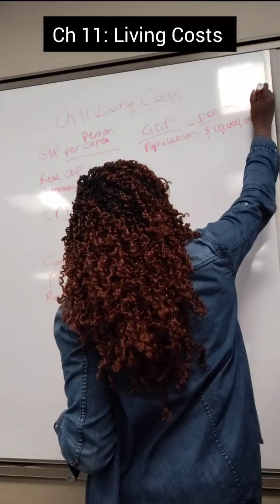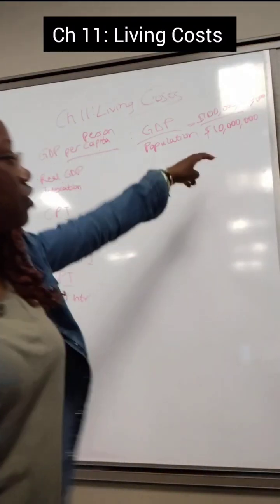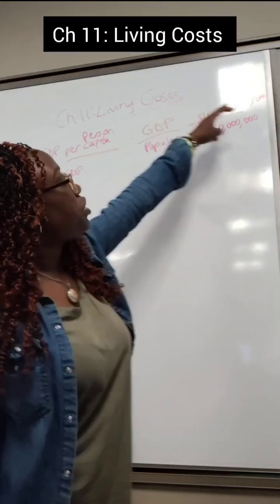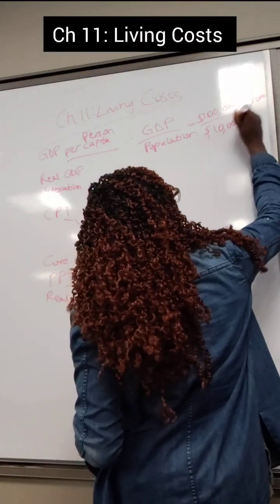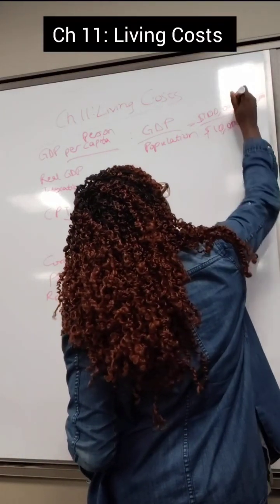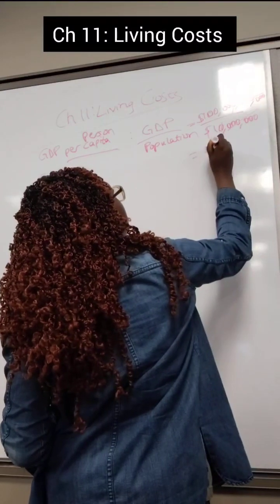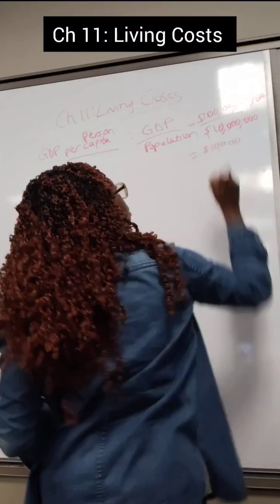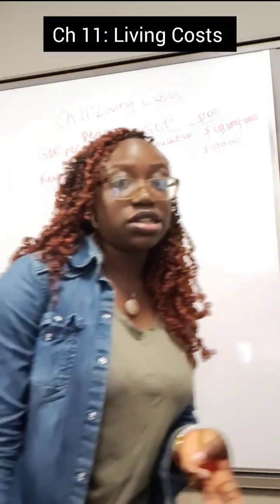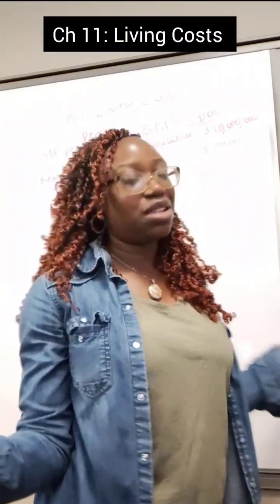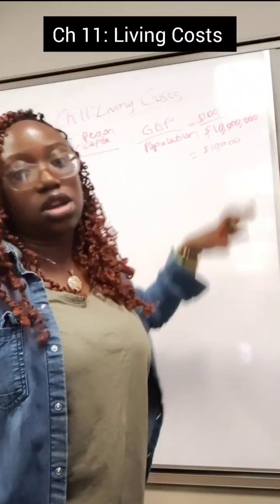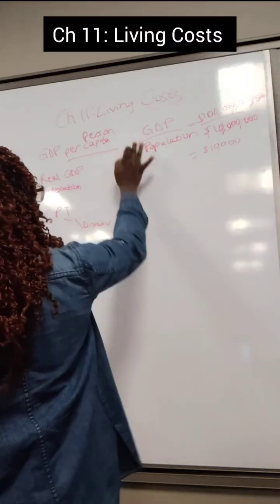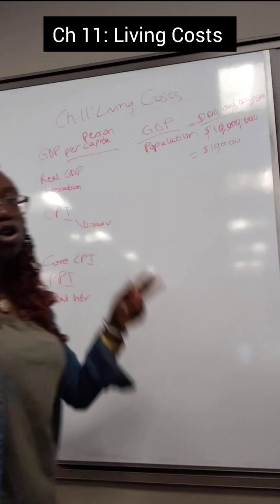What that means is each person is worth roughly $10,000 on a yearly basis. It's just a hypothetical example, but that means each person produced about $10,000 worth of goods for that year. So GDP divided by population gives you the GDP per capita, or per person.